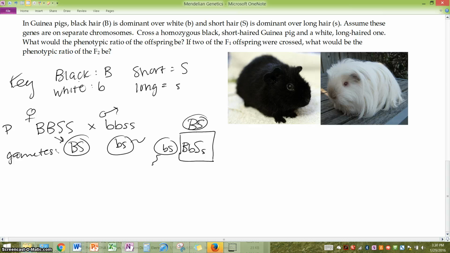So this will be my F1 generation, and in my F1 they are all going to be the dominant, so they're all going to be black and have short hair.